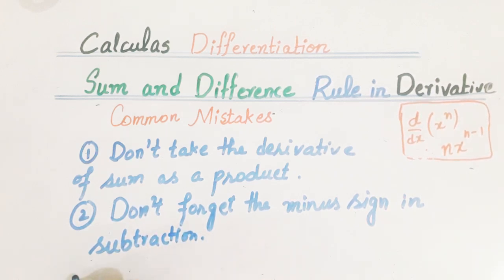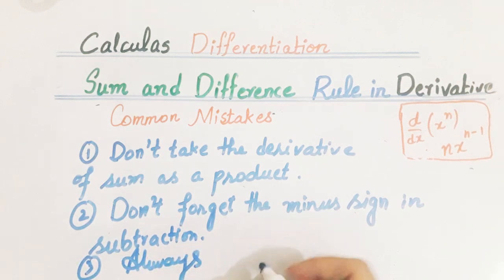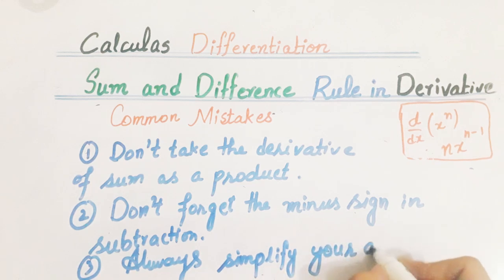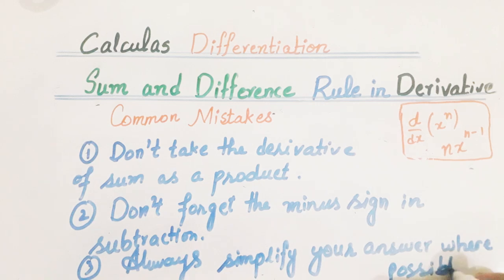And the third one is, always simplify your answer where possible. So these are the common mistakes students mostly make in these questions.